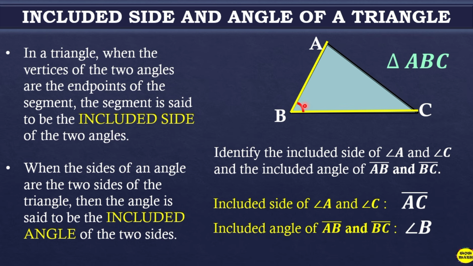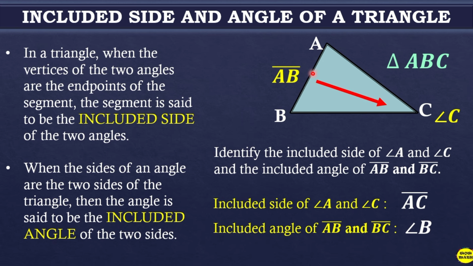Now, ipasok ko na rin yung concept ng opposite sides and opposite angles. So, pag sinabi nating what is the opposite angle of segment AC, okay? So, that is angle B. Okay, so what is the opposite angle of segment AB?